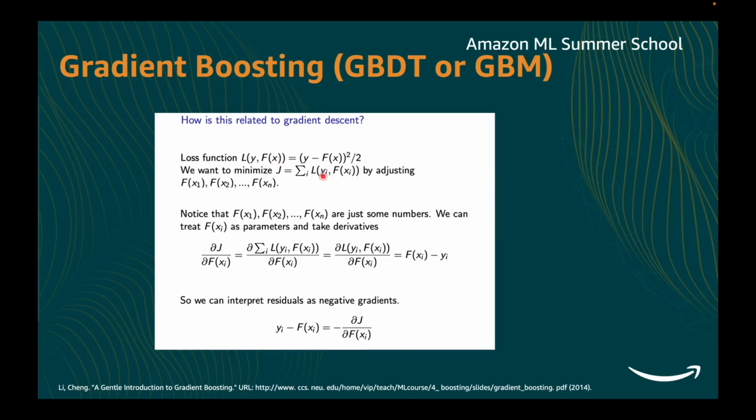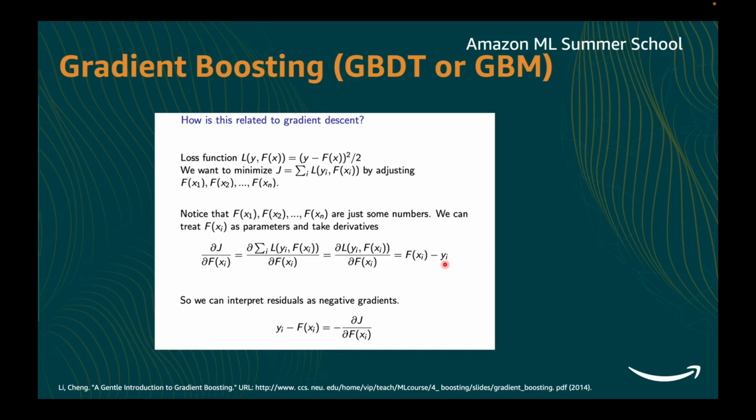So what is the derivative of J, which is your total squared loss, with respect to each of the outputs of your function f, rather the predictions of your function f? If you calculate that and you work it out over here, it turns out it's actually the residual. So the gradient over here is actually just your residual, right? Just your prediction minus your true value y1.